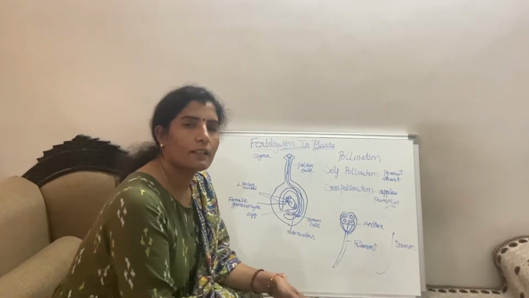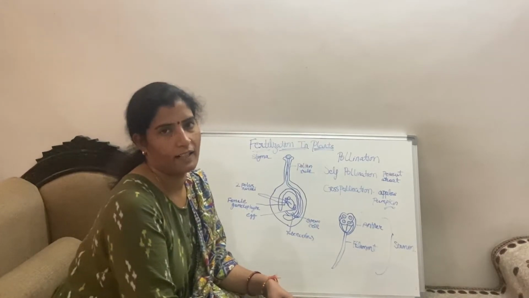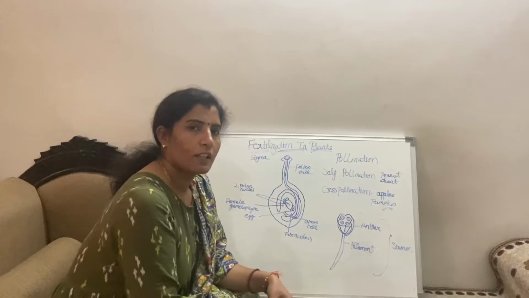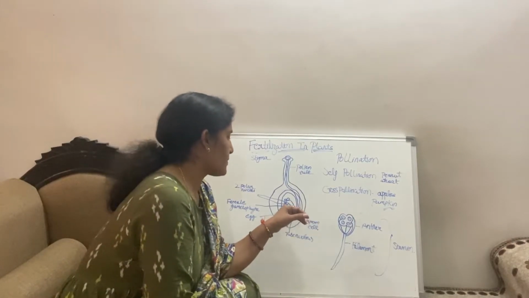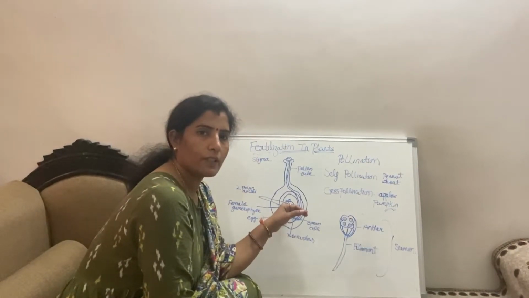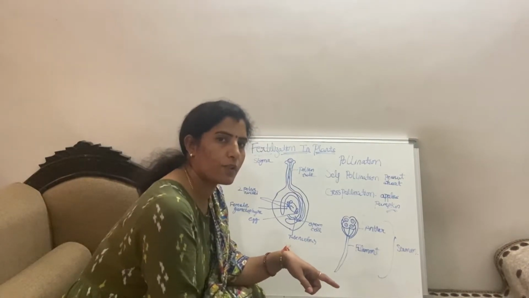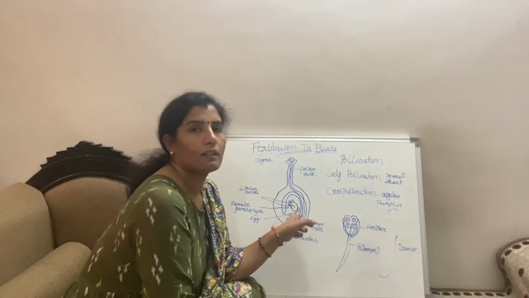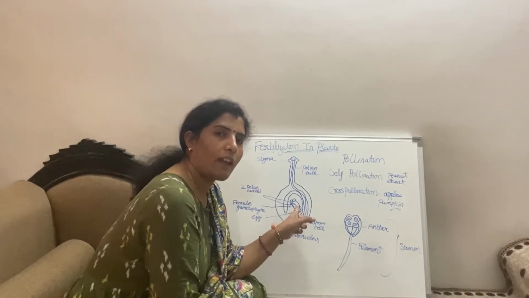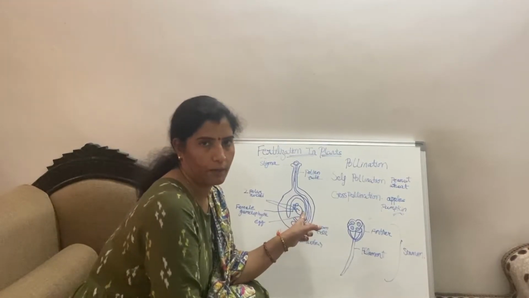The forming of endosperm is the result of double fertilization. The first fertilization is the fusion of male nuclei with the ovule cell to form a zygote, and the second fertilization is the fusion of the second male nucleus to form a 3N cell, that is a triploid, or we can say endosperm.